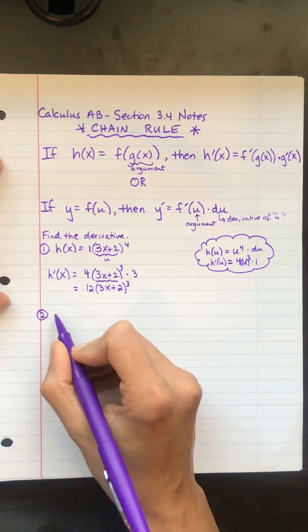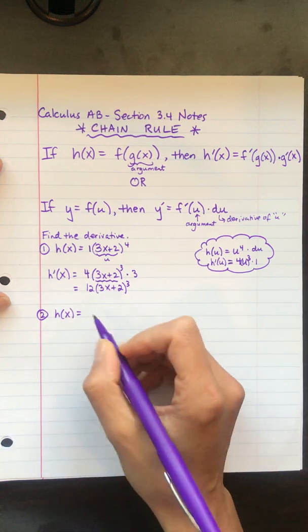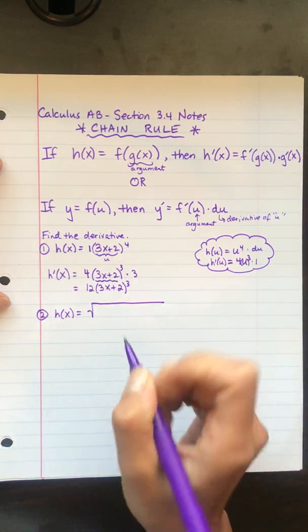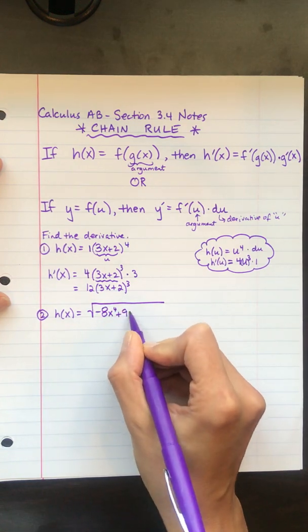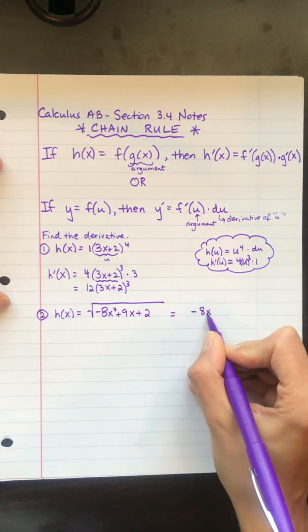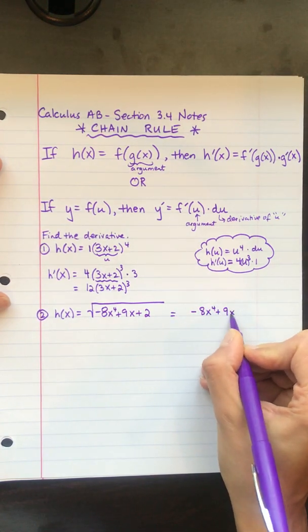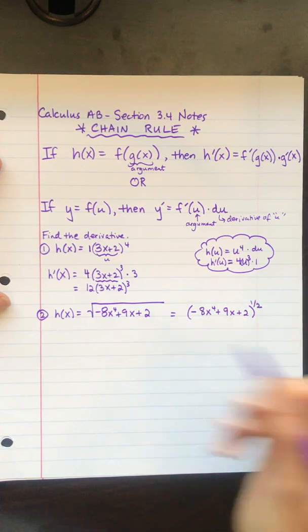What if I have h of x is equal to the square root of negative 8x to the fourth plus 9x plus 2. So first of all, I want everybody to write the rad as a numerical exponent to the half.